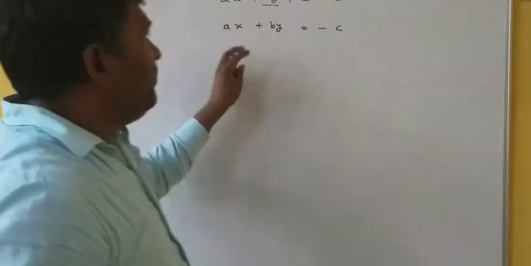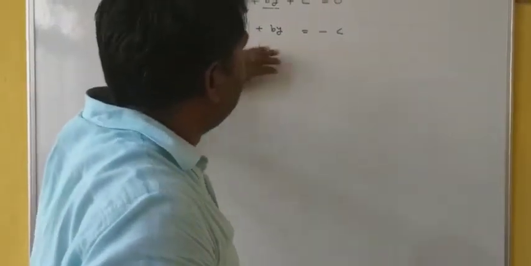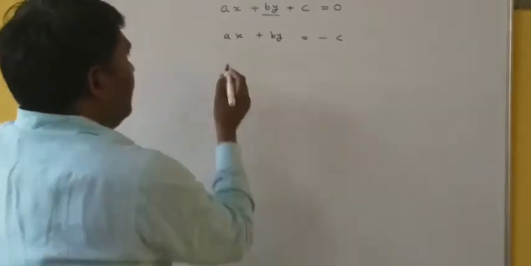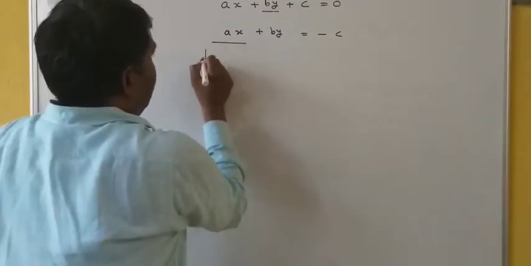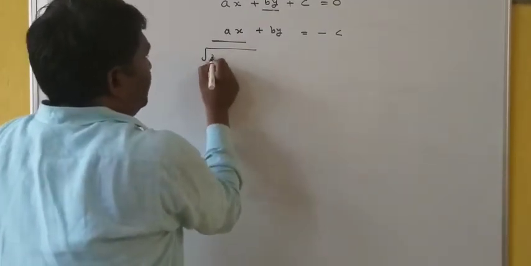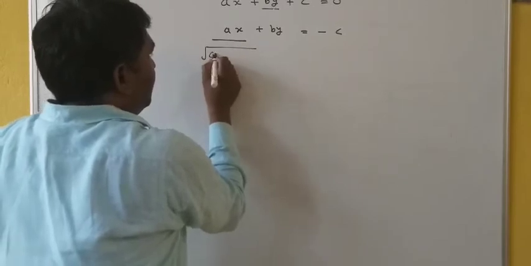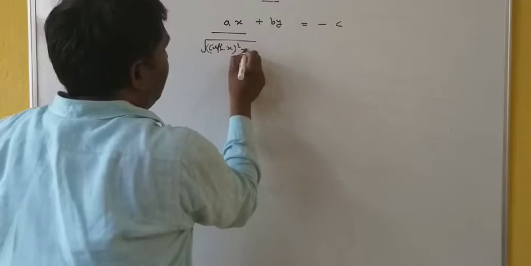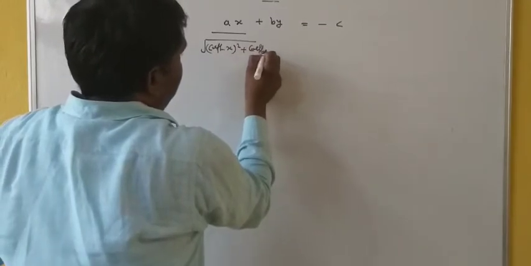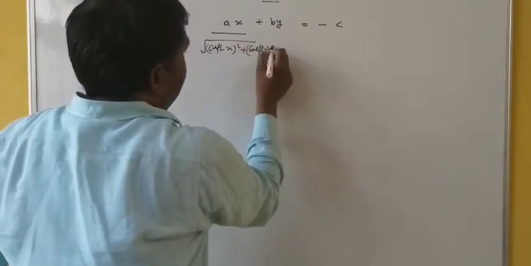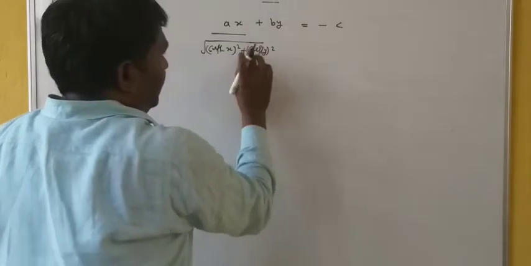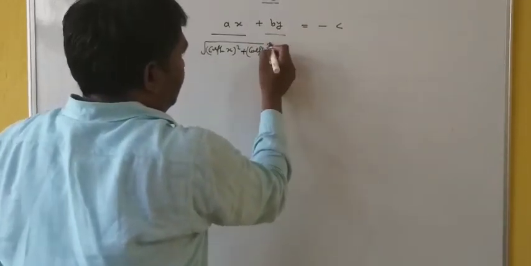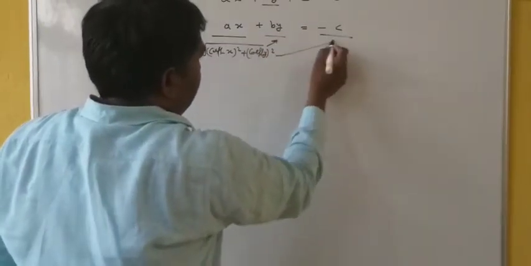Thereafter divide all terms by under root of coefficient of x whole square plus coefficient of y whole square. Divide each term, here also this will come and here also this will come.